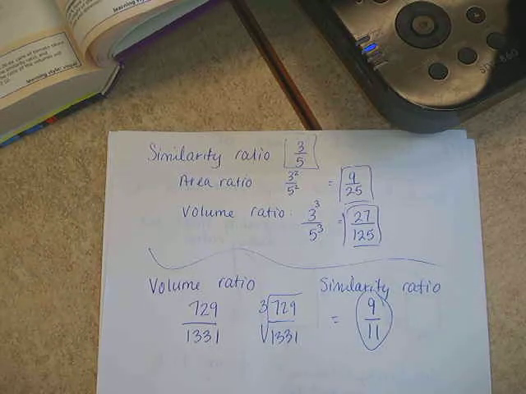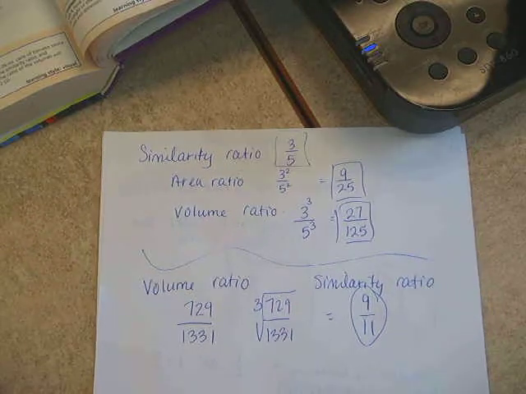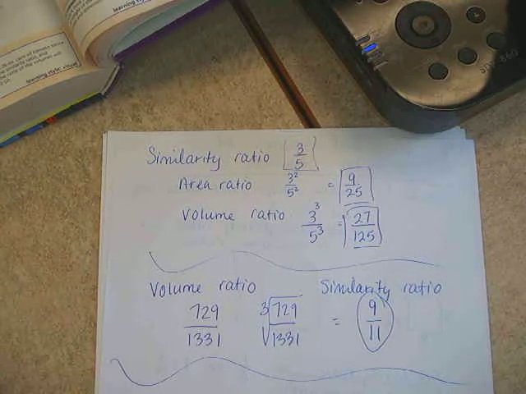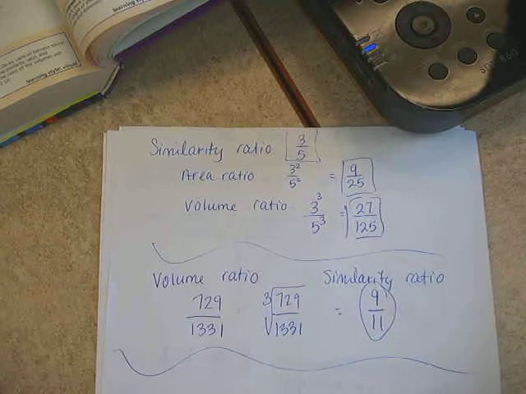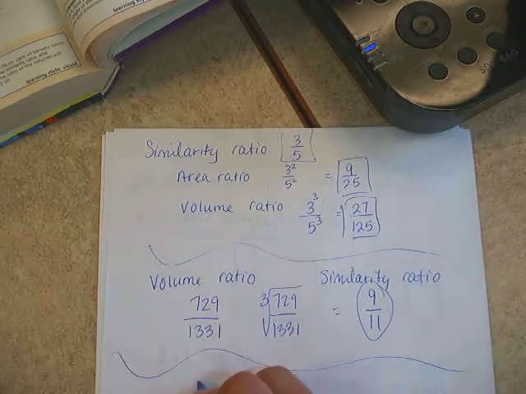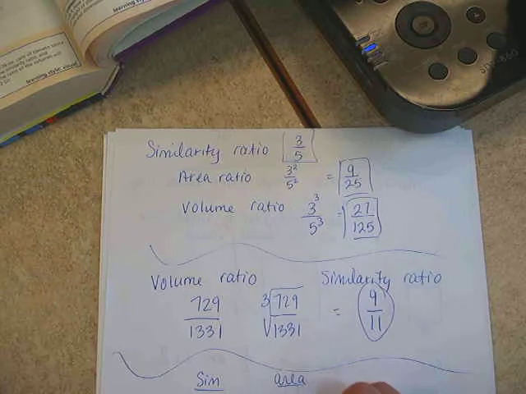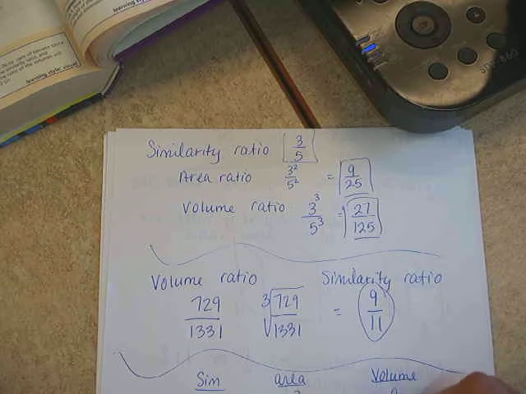And the cube root of 1331 is 11. So that is my similarity ratio. Okay, so when you're trying to get from one to the other, you're either using exponents or roots. Okay, but the thing that you need to remember, and I'm going to flip it back over for a second. Well, we'll do it here.